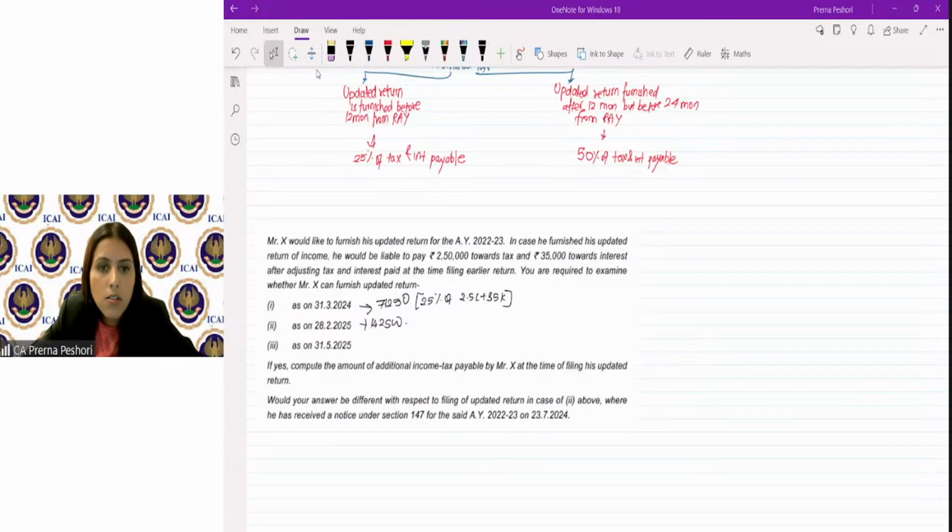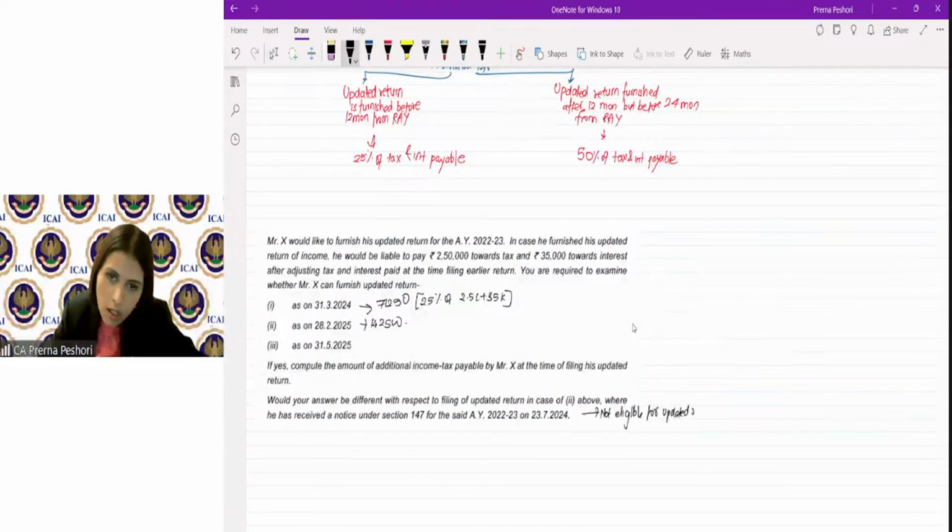Yes, students, faster. Not eligible for updated return. You are right, Mansha. If the reassessment notice is received, then you are not eligible for the updated return. So in this case, it is not eligible for updated return, and the time limit expires.